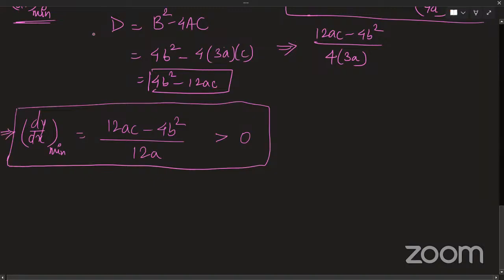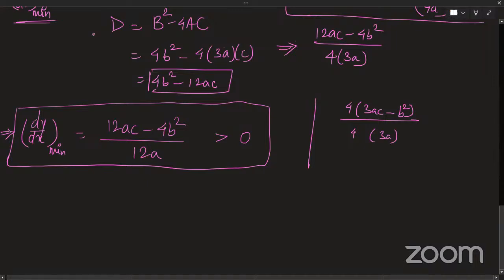Or can I simplify it more? Yes, I can simplify. Just take out the constants: take out 4 from the numerator and 12 from the denominator. So on top I can take out 4, so it is 4 into 3ac minus b square, by 4 into 3a.